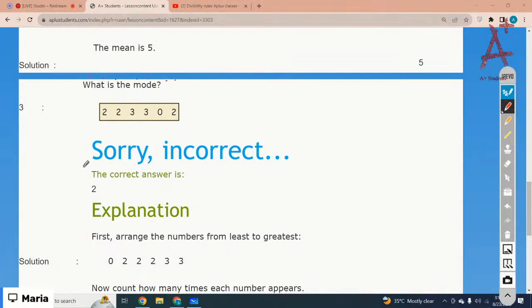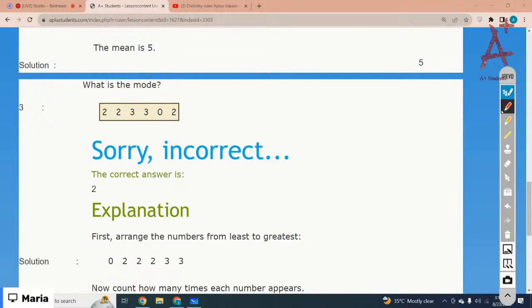You can see you have a 0 just one time, you have 2 three times, you have 3 two times. The number that appears the most often is the mode. The number that appears most of the time is the mode. 2 appears 3 times. That means the mode is 2.